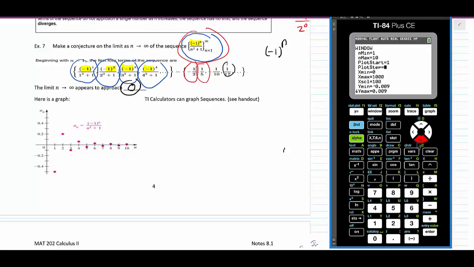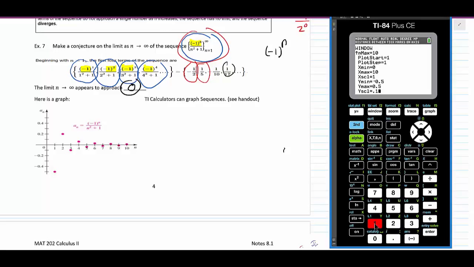The x minimum is probably from 0 to 10, like my graph is doing, and then increment by 1. And the y values, they're decimals, they're going to 0. The first term on this sequence I think was -1/2, so I'm just going to do -0.5, and then go to a max of 0.5, and maybe increment that by 0.1 or something like that, okay?